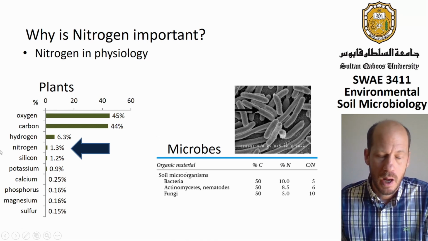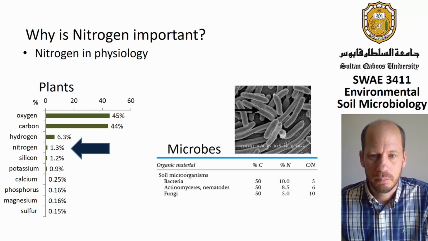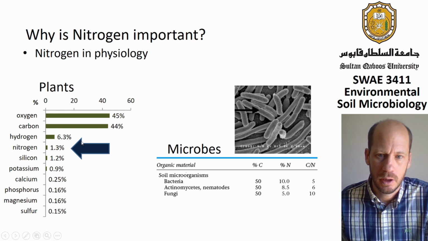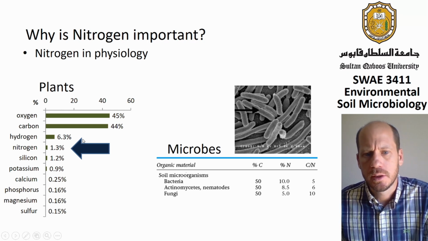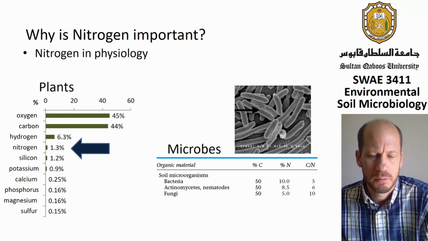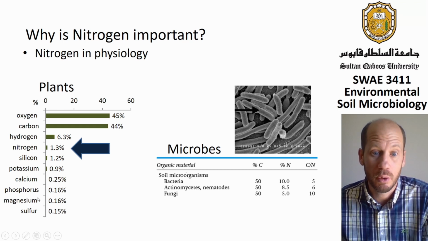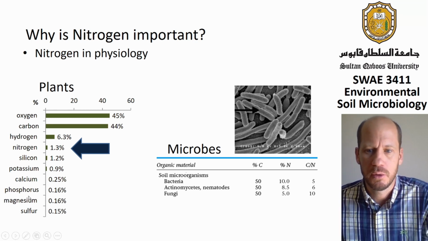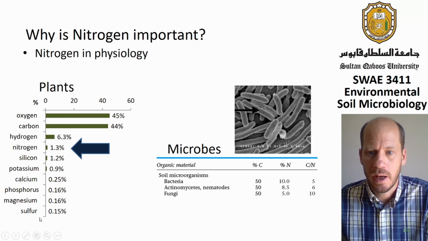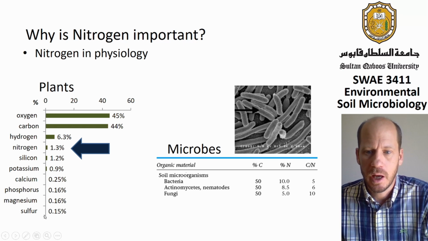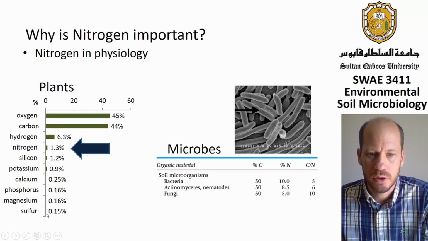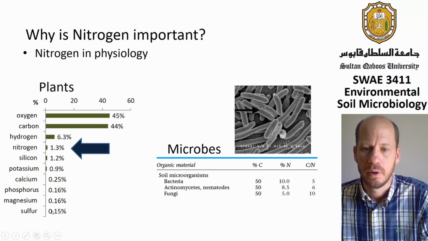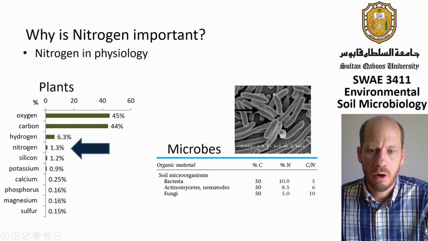While plant biomass could have a carbon to nitrogen ratio really high, over 30 up to 100 even, prokaryotes in general will have like 5 or 6, which means that it has 5 times more carbon than it has nitrogen. But fungi would have 10 times more carbon than nitrogen.